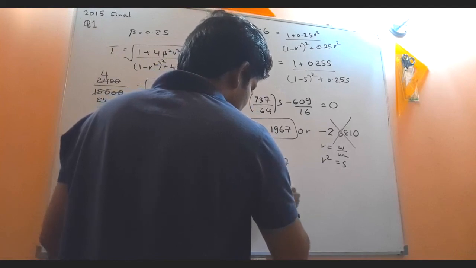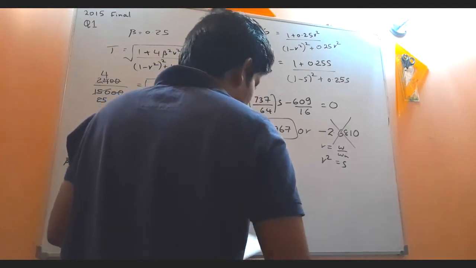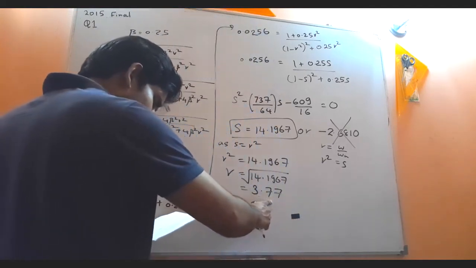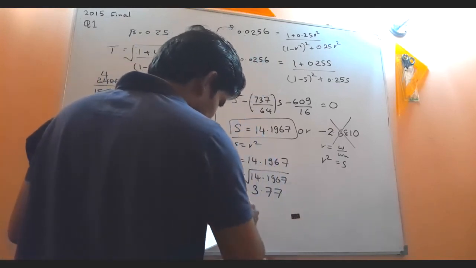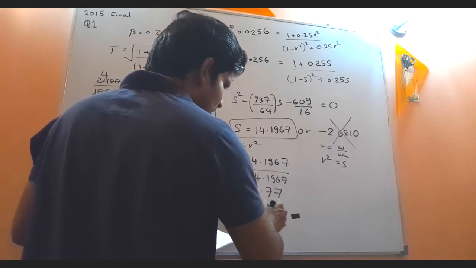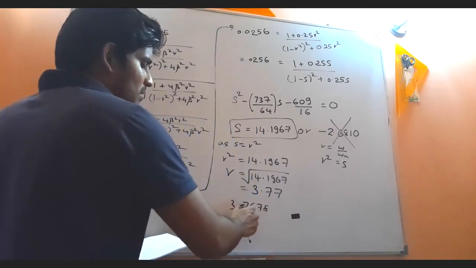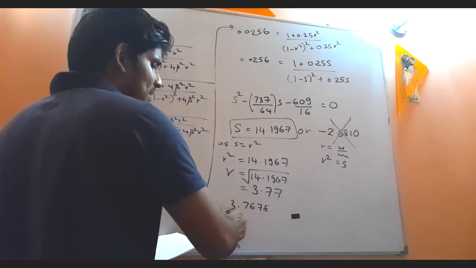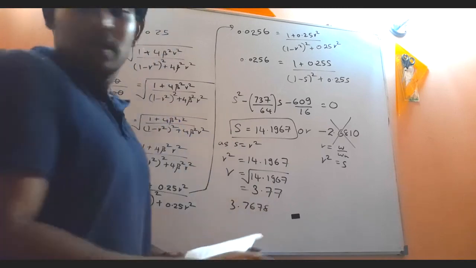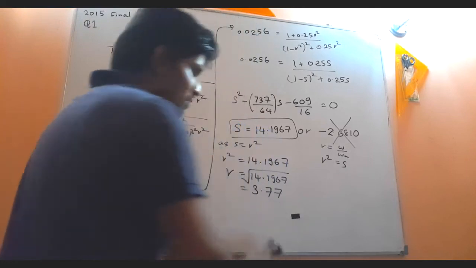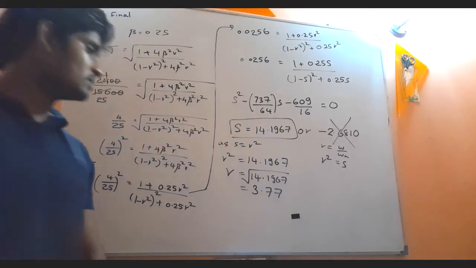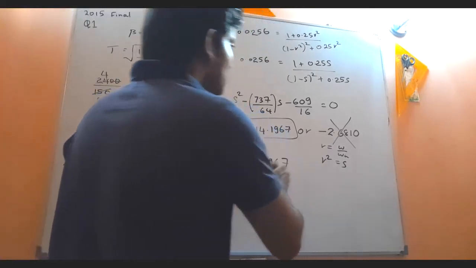Actually the answer that is coming here is 3.7678, but you can round it up to 2 decimals, so then it is 3.77. So now you know the frequency ratio, which is r.